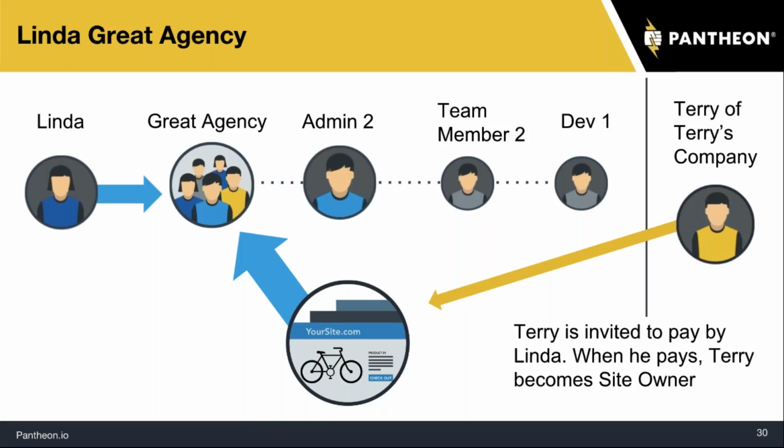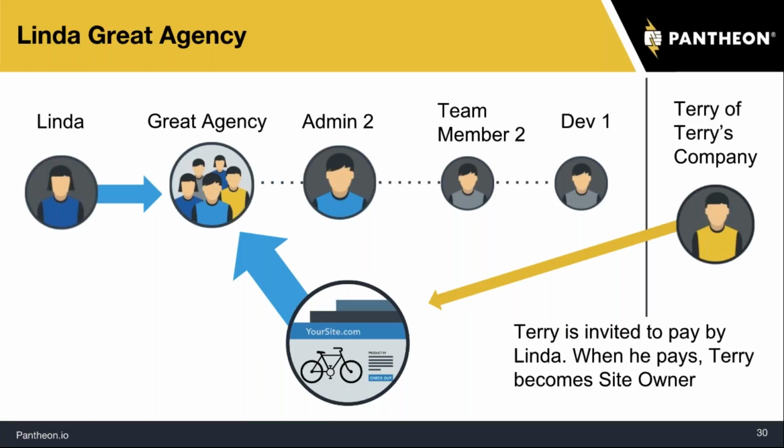As launch day approaches, Linda uses the invite business owner to pay functionality under settings to get Terry to pay for the site. He then becomes the user of Pantheon that owns the site, but Linda's great agency stays connected to that site with the full access they had before. They can do all their updates, all their adjustments as needed.